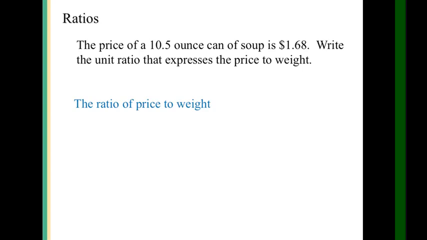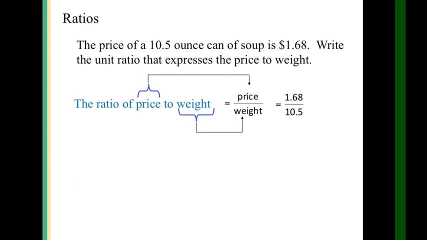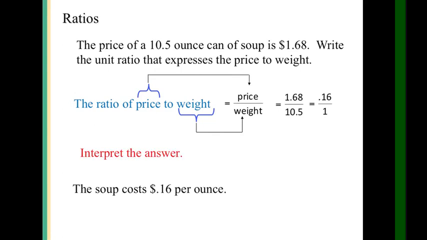So, we have the ratio of price to weight, which can be expressed as price over weight, and the price is $1.68, and the weight is 10.5 ounce. So, we have this one. And then, get the unit ratio by dividing the two. So, the answer is 0.16 over 1. To interpret, that means that the soup costs $0.16 per ounce.